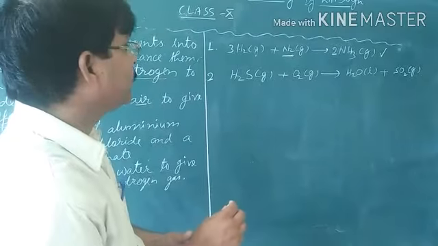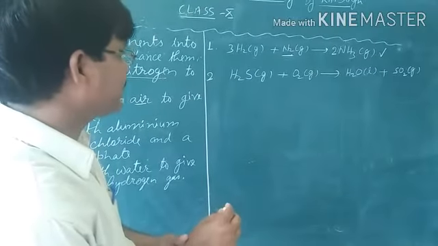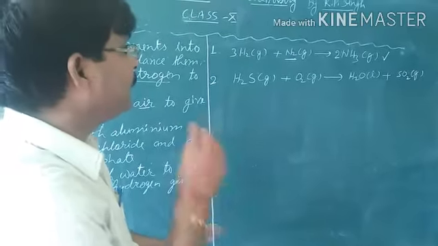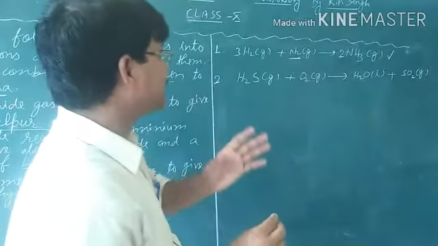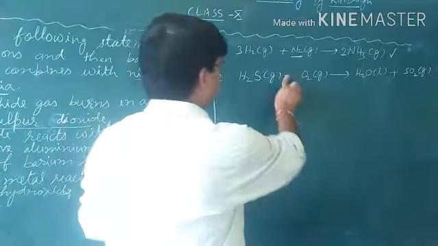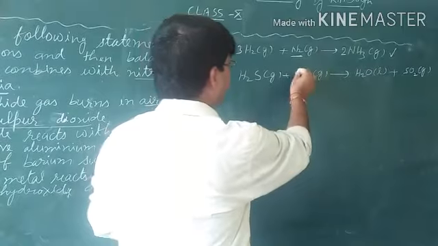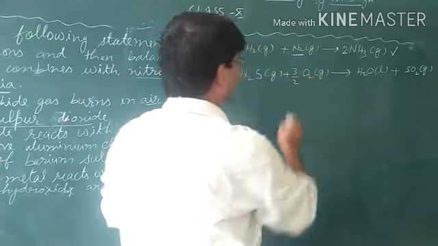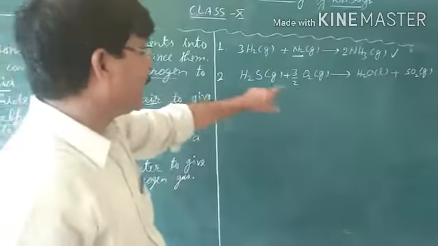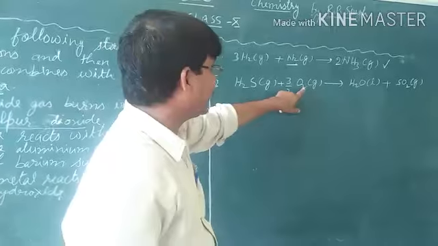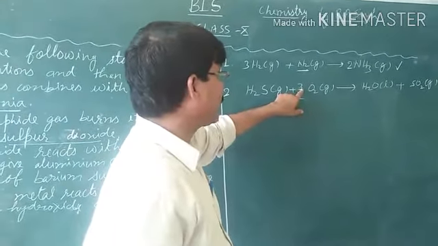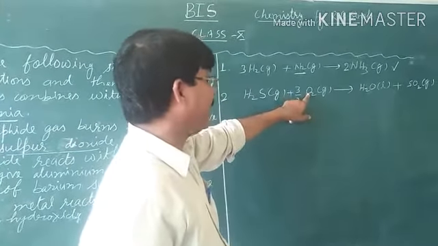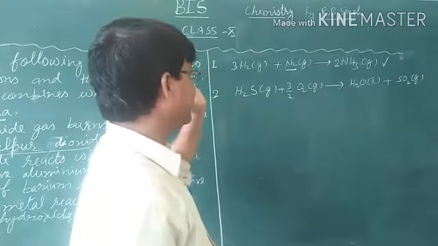So our aim is to balance this chemical equation. How will I balance this reaction? The easiest method is to multiply O2 by 3 upon 2, then we will cancel 2 by 2, so 3 atoms of oxygen will remain on the reactant side.